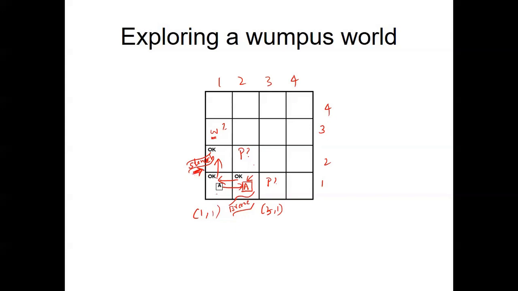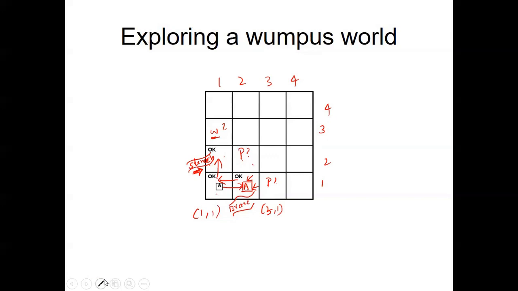As the agent is not experiencing breeze, it means the pit is not here, because previously when the agent was here, he experienced breeze. So the pit should be either here or here, like he thought previously, right? But now when the agent is here, he is experiencing only stench, and it is already confirmed that Wumpus is here. So here there is no pit. If a pit is here, then the agent should be experiencing breeze, but he is not.